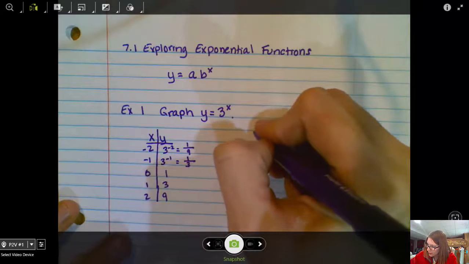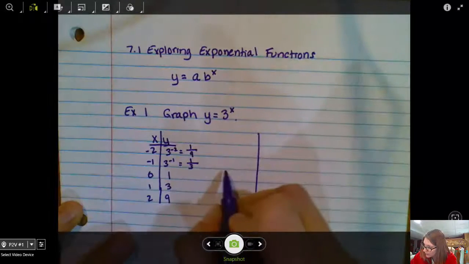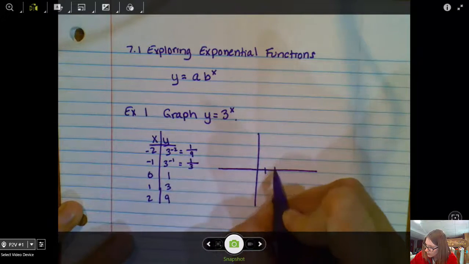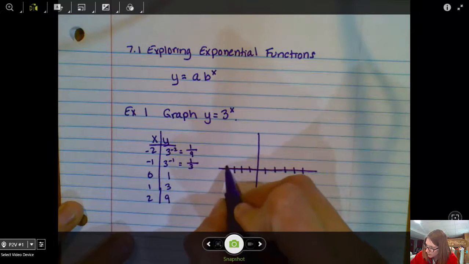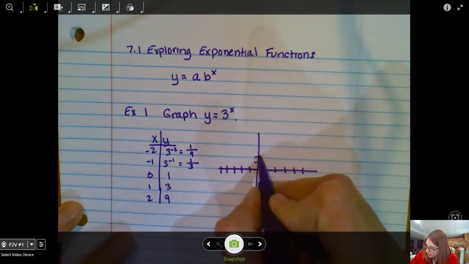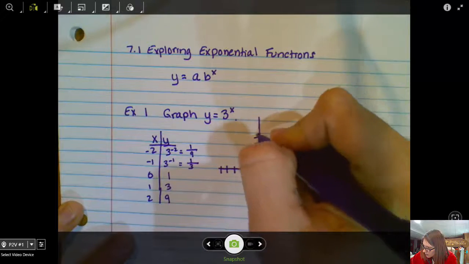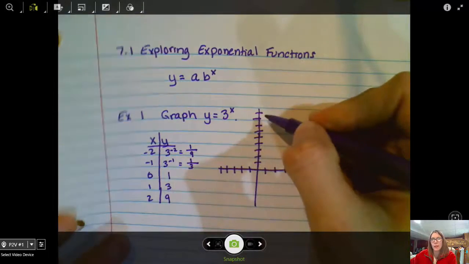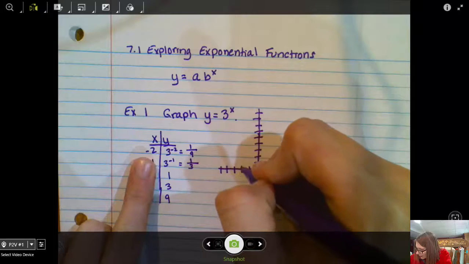Now if I plot my points here, I should use my graph stamp. Top y value up here is 9. So -2, 1/9.